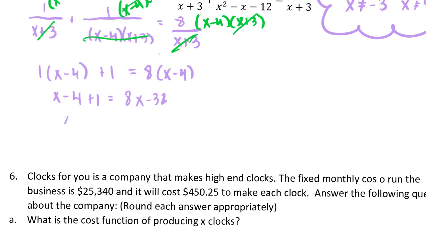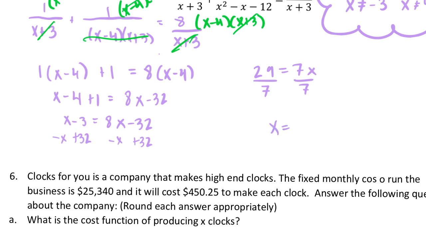So we've got x minus 3 equals 8x minus 32. I'll add that 32 over to the left side and subtract the x and bring that over to the right side. So we end up with 29 equals 7x. And divide both sides by 7. We get x equals 29 over 7. And there we go.